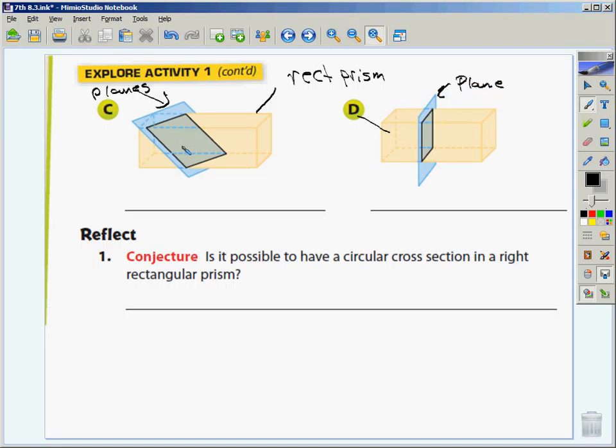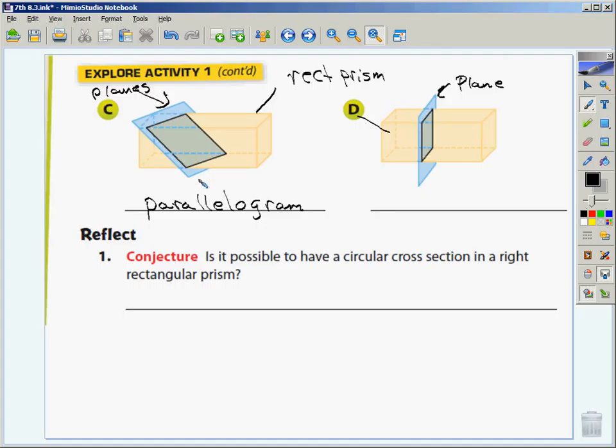What shape is this one? Okay, I've heard it's definitely a quadrilateral. But there's more than that. It's a parallelogram. Okay. Listen. Let's talk about what a rhombus is.